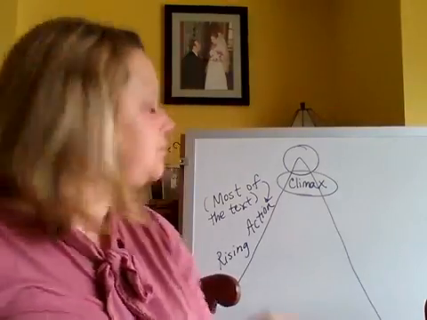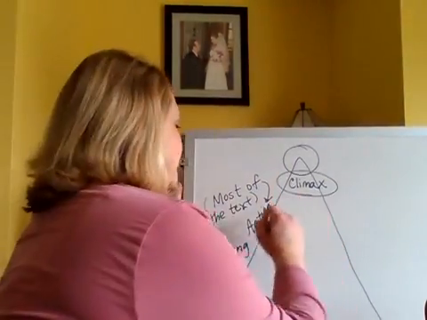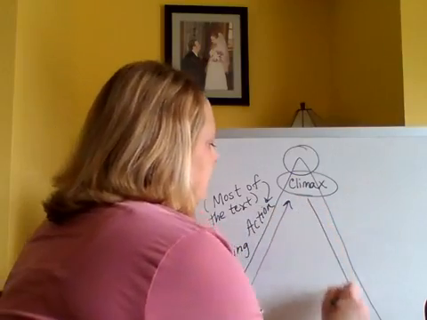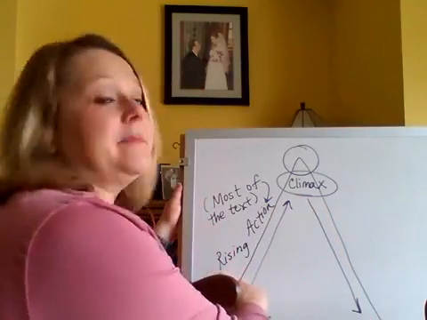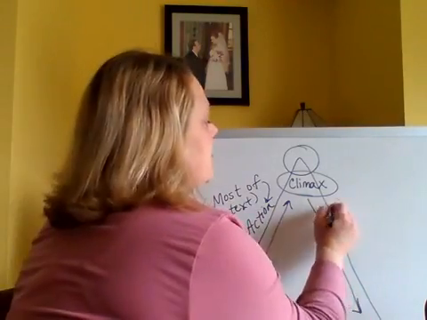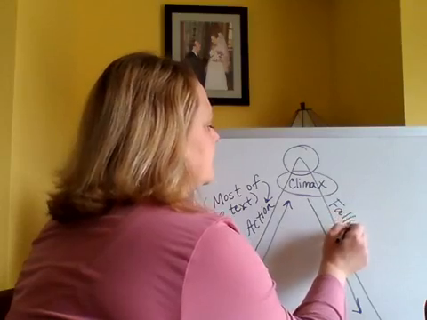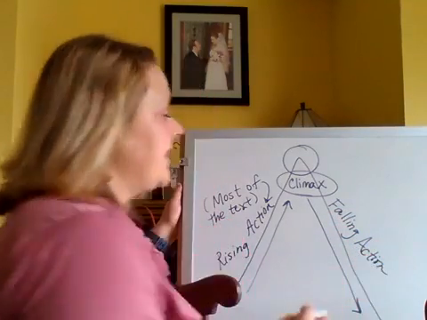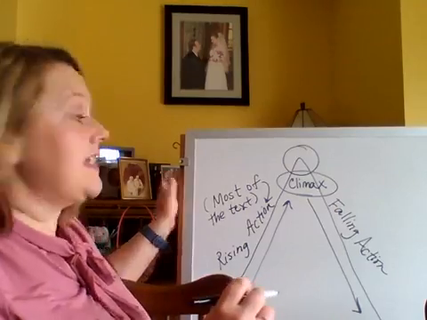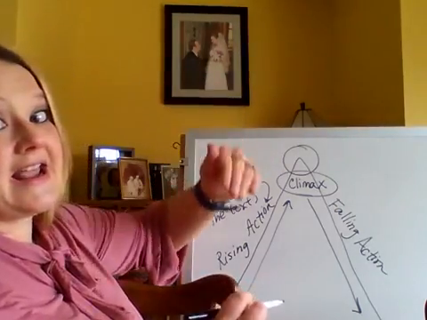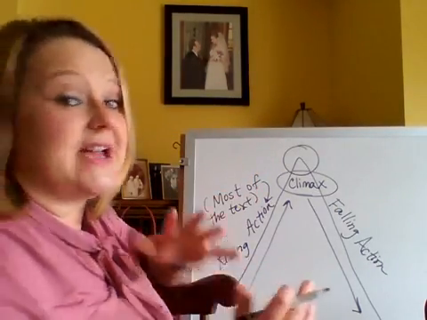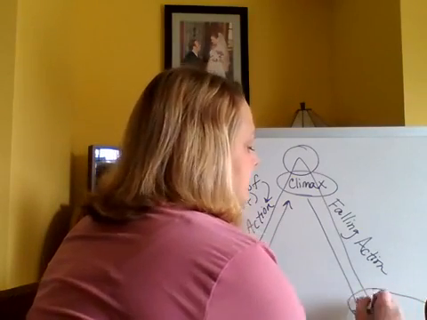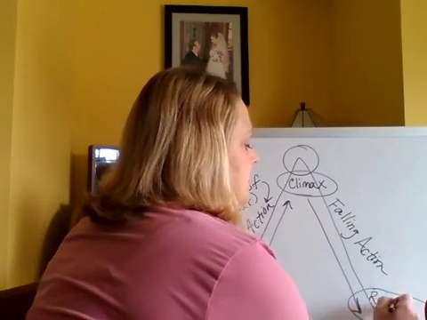So after the climax, and I'll draw my arrow up here, we have the opposite of the rising action, and this is called the falling action. The falling action of a text is after the climax, and all loose ends start to get tied up. Whenever you get down to this part, it is known as the resolution.